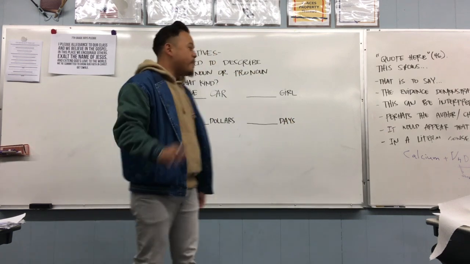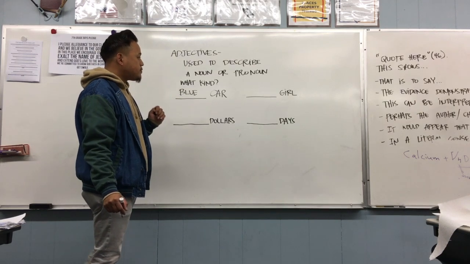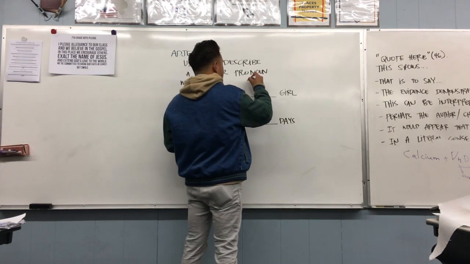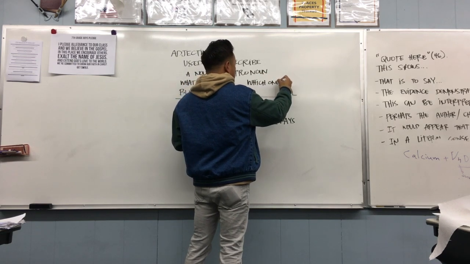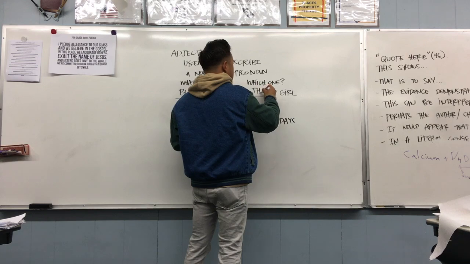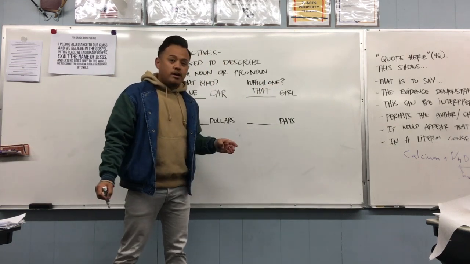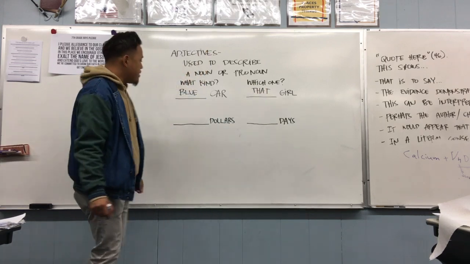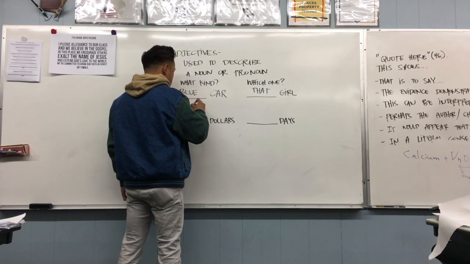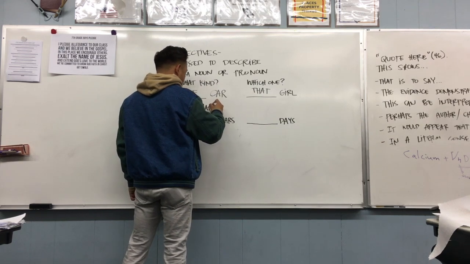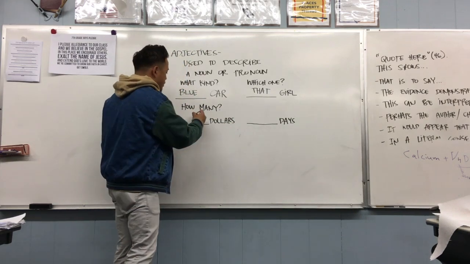Just ignore it. Now, what kind of car? A blue car. Which one? That girl. Which one are you talking about? I'm talking about that girl. Next. How many dollars do I have?